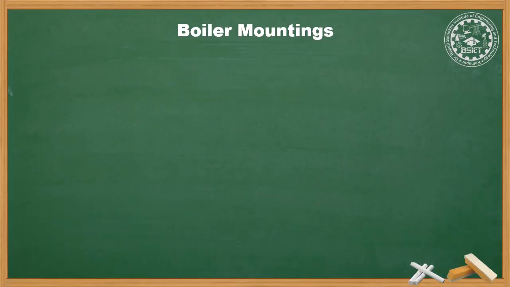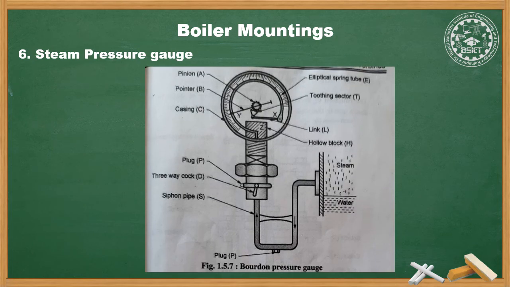The sixth point is the steam pressure gauge. The steam pressure gauge's function is to measure the pressure inside the boiler. The figure below shows a Bourdon pressure gauge connected to the drum or to the hollow tank. It works on the principle of the Bourdon pressure gauge.